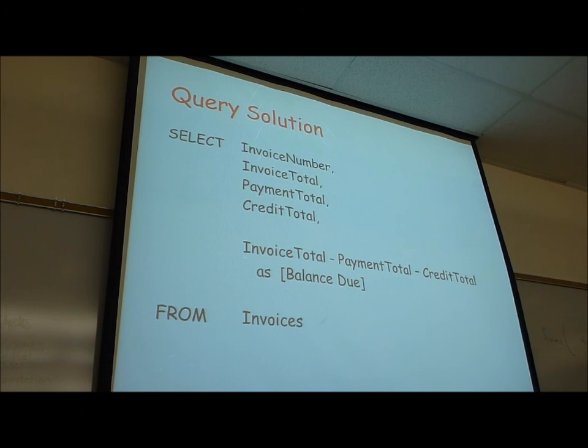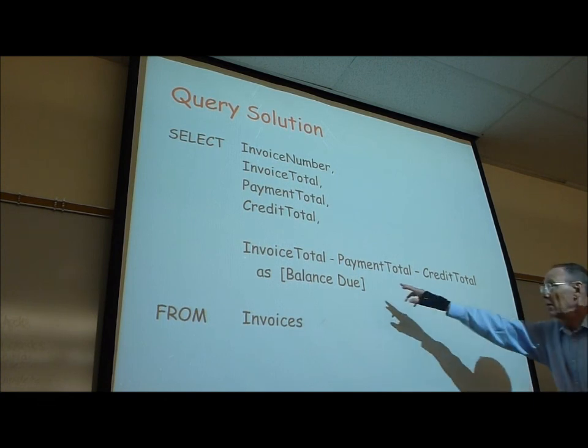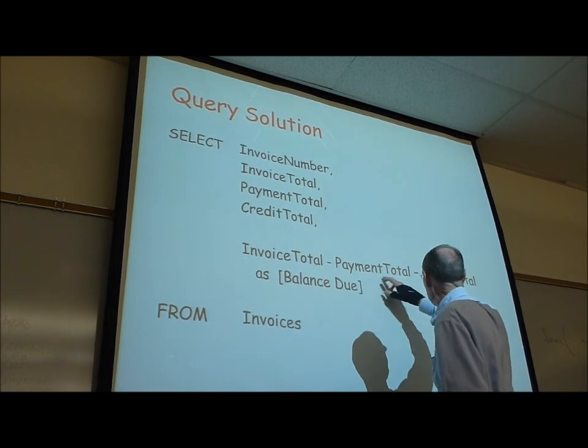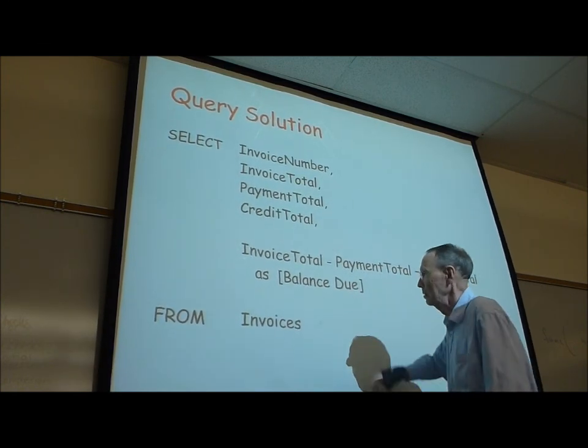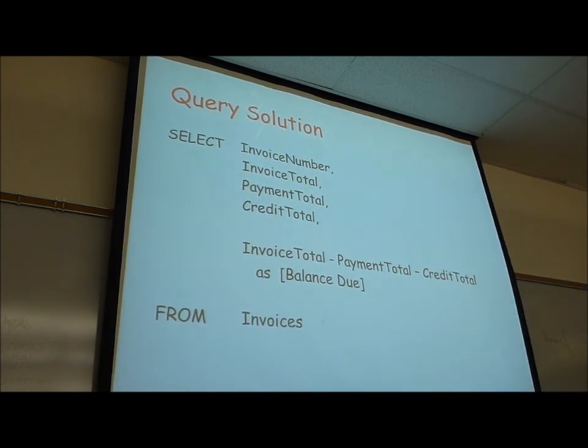Now they'd like another column computed based on the other columns: the balance due. The balance due is my total invoice minus the payments I've made minus the credits that have been applied, and that's the amount that's still due. So now we can do invoice total minus payment minus credit total as the balance due. That is a good example of doing a little more interesting query.